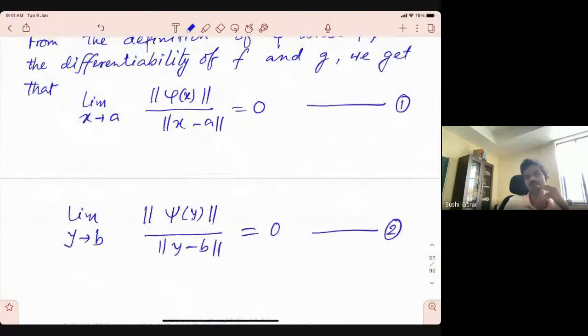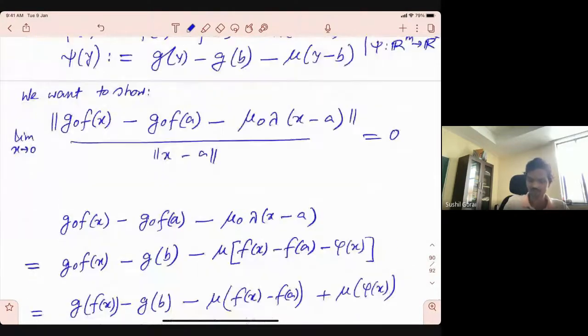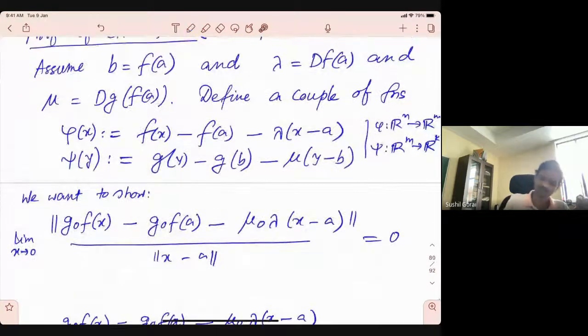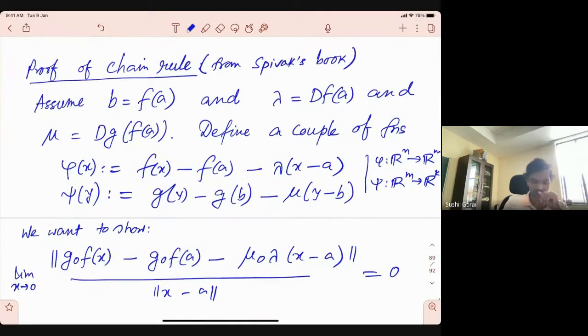This is because of differentiability. We take this as the numerator, and the denominator is x minus a here and y minus b here. That limit goes to 0 because f is differentiable at a and g is differentiable at f(a), which is b.